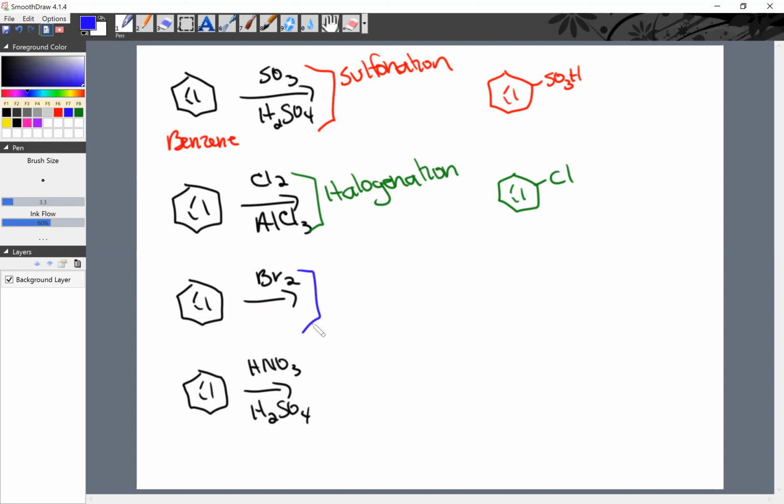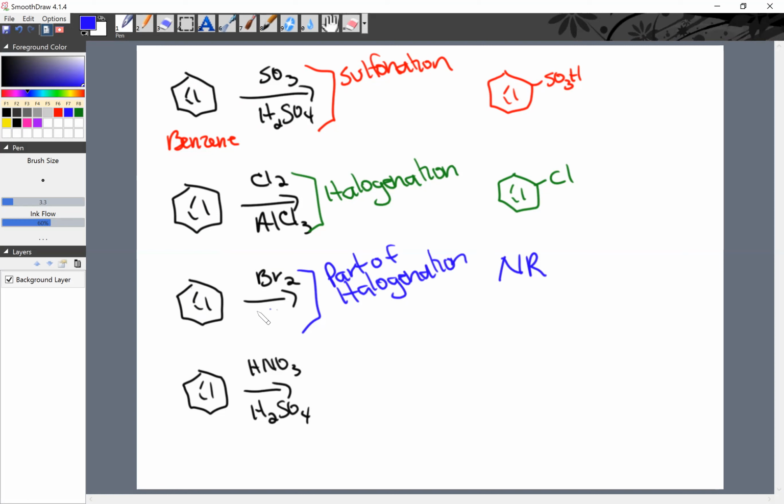Okay, now this, it's part of halogenation, but I don't have the Lewis acid. And so in this case, the benzene is not going to react because I have to have the catalyst. I have to have that Lewis acid catalyst in order to make that super electrophile.